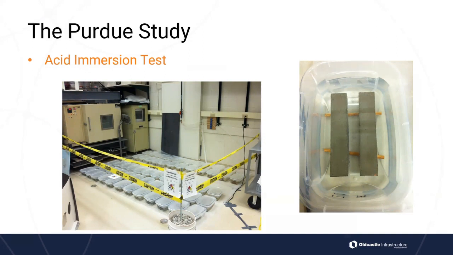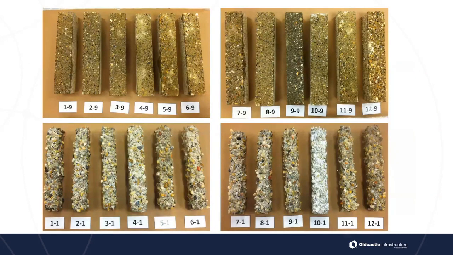So that's why they tried to improve upon the acid immersion test that was already existing in ASTM. The top is a pH of 2 after 112 days. And the bottom, you can see they actually exposed it in acid with a pH of 0.5, and that was only for 56 days. So half the time, but an extremely low pH. So a very acidic situation.